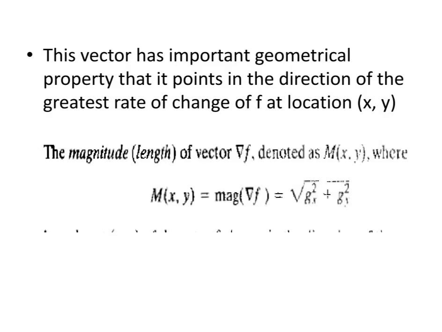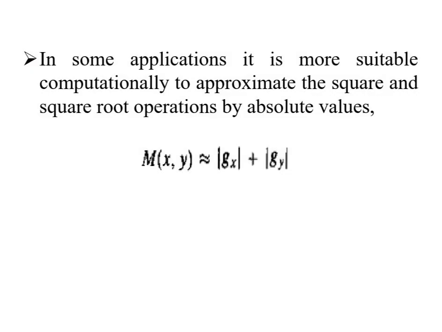Note that M of x comma y is an image of the same size as the original, created when x and y are allowed to vary over all the pixel locations in f. It is a common practice to refer to this image as the gradient image, or simply as the gradient when the meaning is clear. Because the components of the gradient vector are derivatives, they are linear operators. However, the magnitude of this vector is not, because of the squaring and the square root operations.